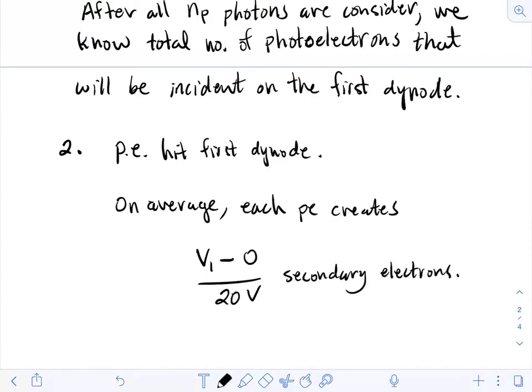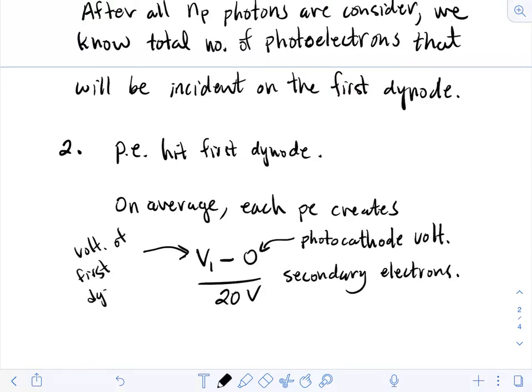And so if you remember in our picture of our photomultiplier tubes, the photocathode was attached to ground. So photocathode voltage is 0, and this V1 is the voltage of the first dynode.